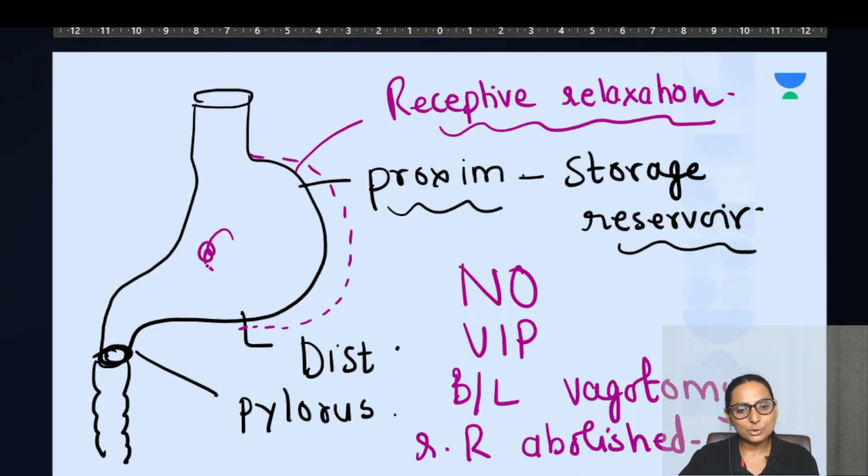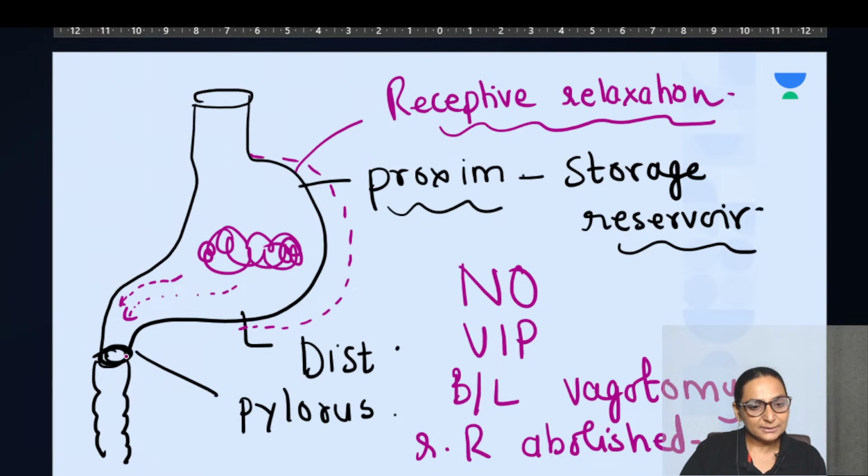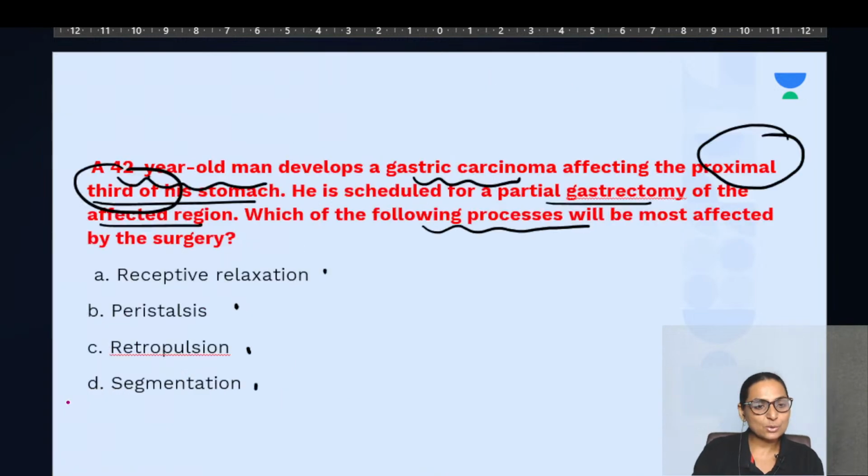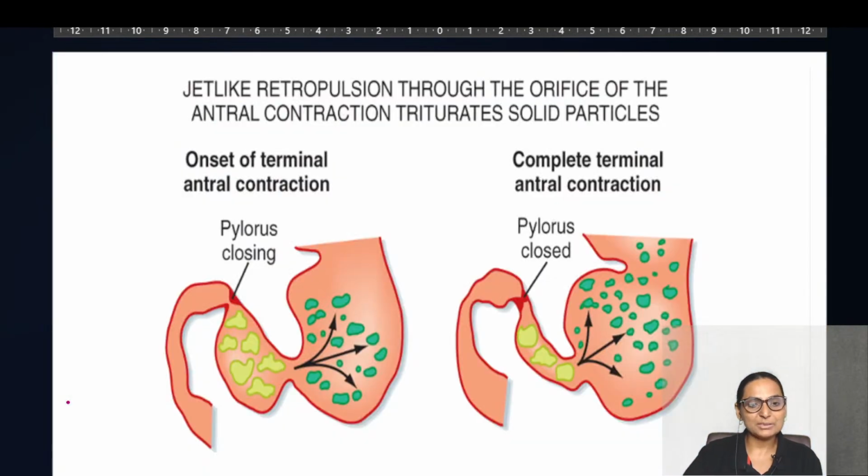Now this portion will mix the food with the gastric juices, formation of the chyme, and the food will come here. As the food slowly comes over here, what will happen? This closed pylorus will push the food upwards. This is called retropulsion.